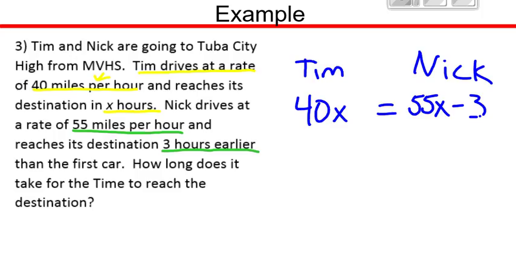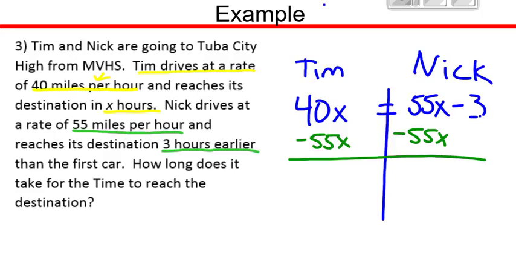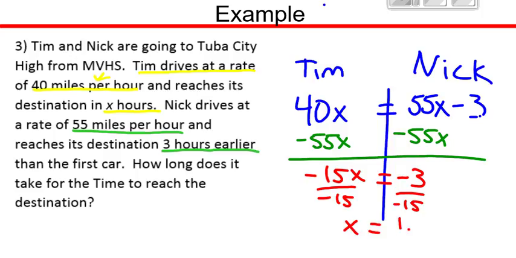So that will give me my equation, which is 40x = 55(x - 3). I'm going to subtract 55x from both sides. That's going to give me negative 15x equals negative 3. And then when I divide both sides by negative 15, I get x equals positive 1 over 5.